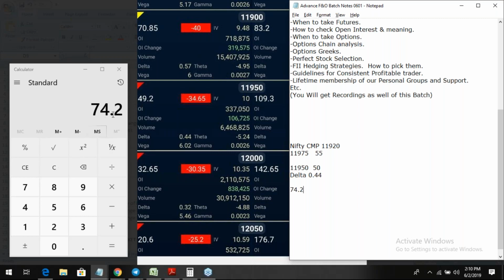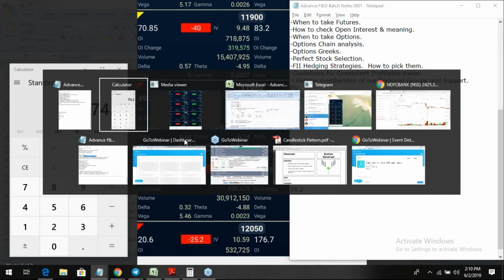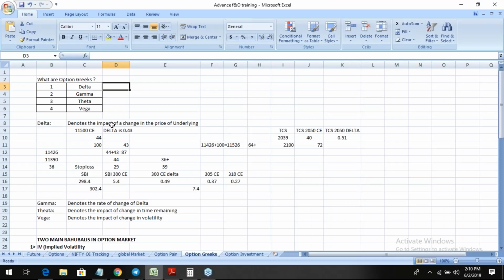This will not be only 74.2, it will go to 77, 78 rupees. But how? I'll explain. I'm just explaining how delta works. Hope you understand what is delta now. Delta denotes the impact of change in the price of the underlying.